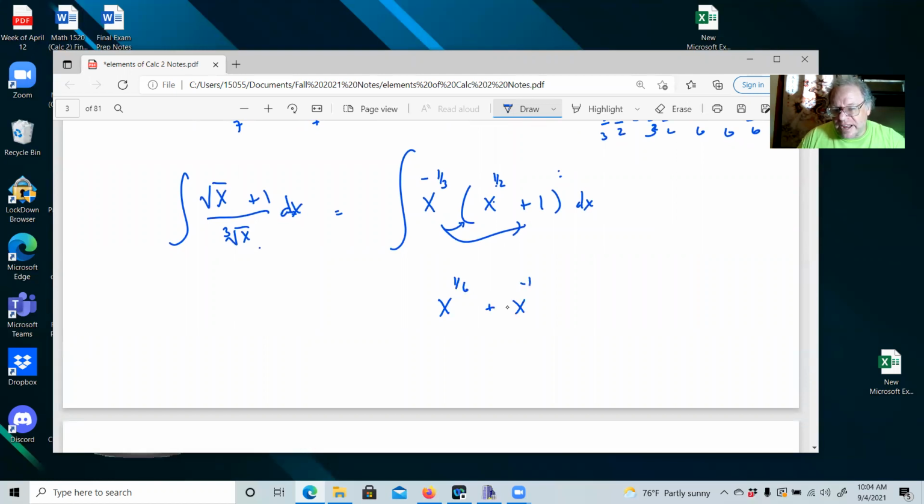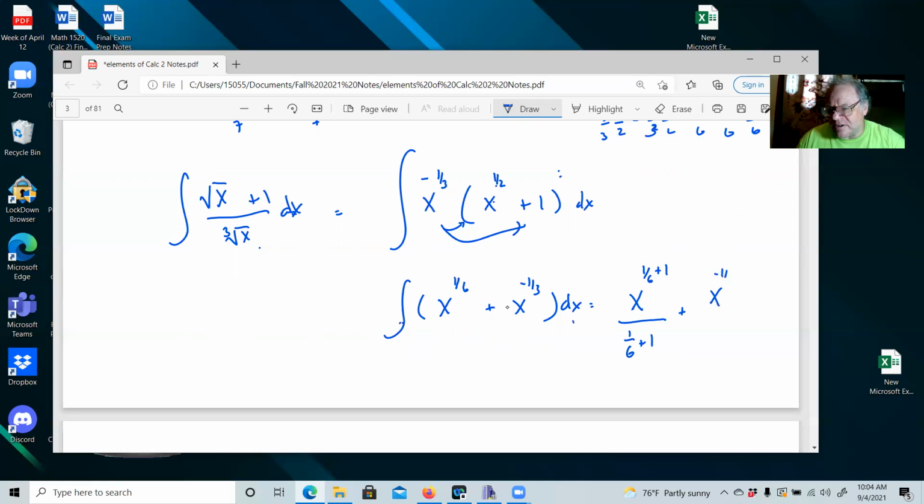plus x to the negative third. So let's go ahead and integrate. And here's a time when I was like, not really that good with adding fractions, so I'm going to go ahead. So let's go on here, so I don't lose the parts.